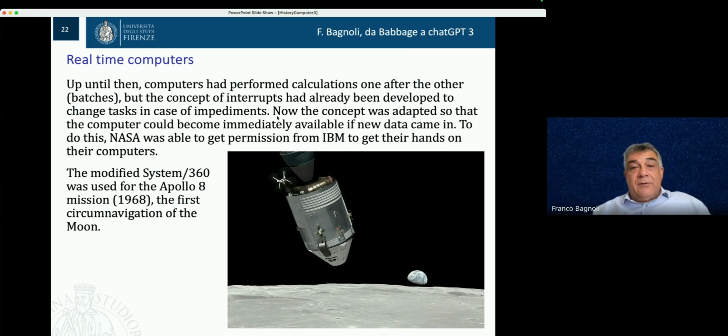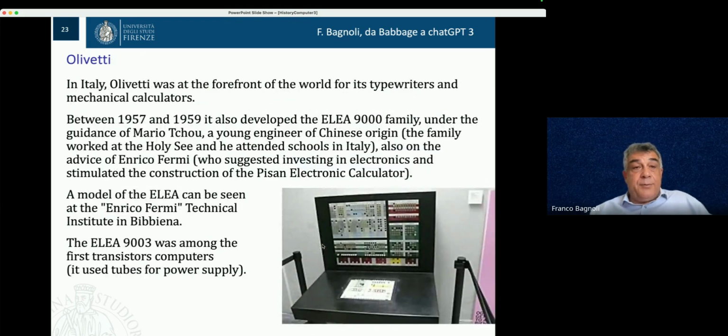So you had to develop a completely different way of managing the scheduling of tasks, and so real-time computers were invented essentially for these reasons. And for instance, in the Apollo mission, they used a modified IBM system as the first computer.